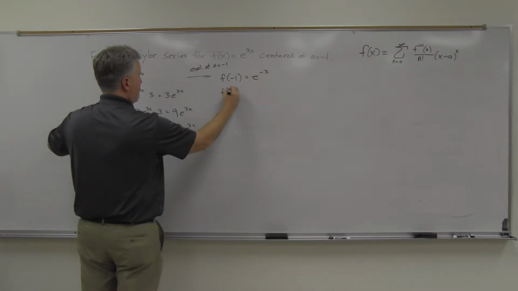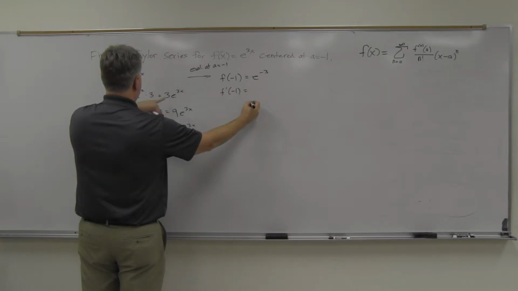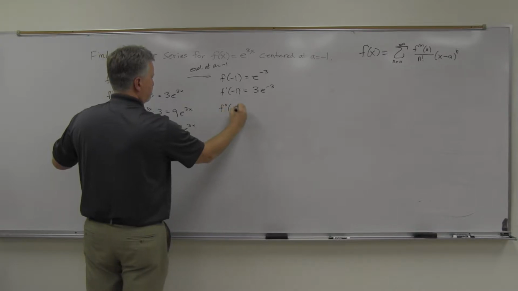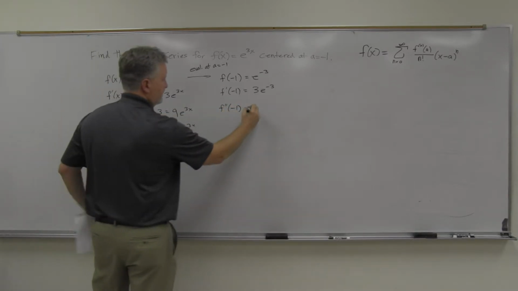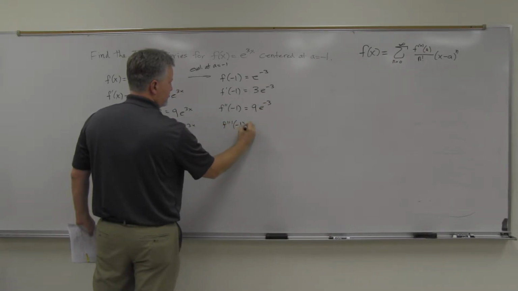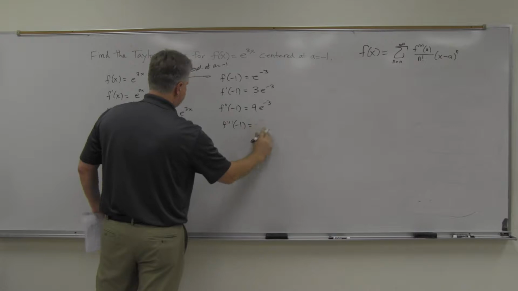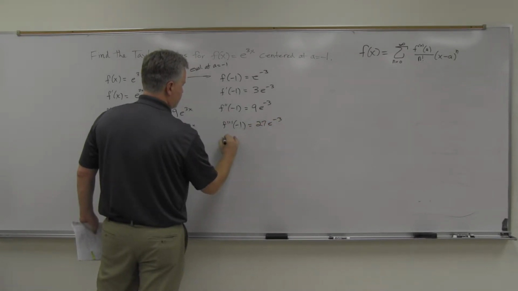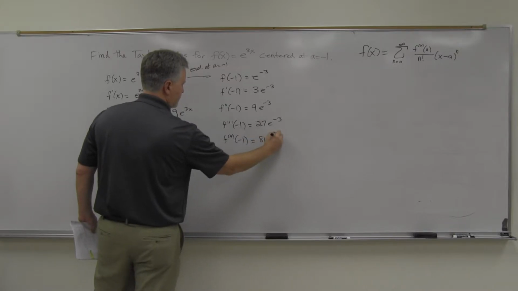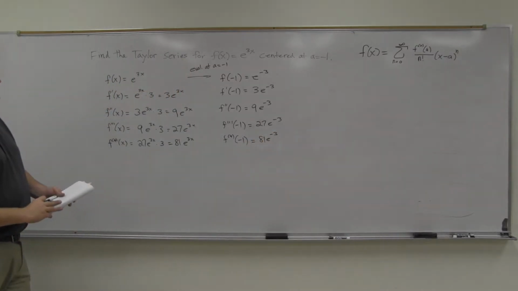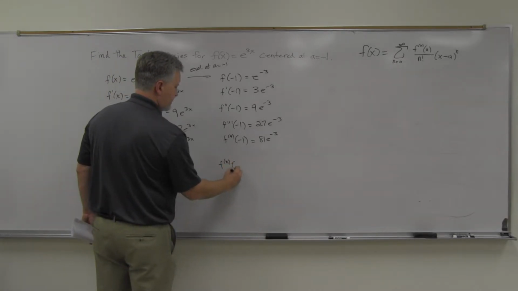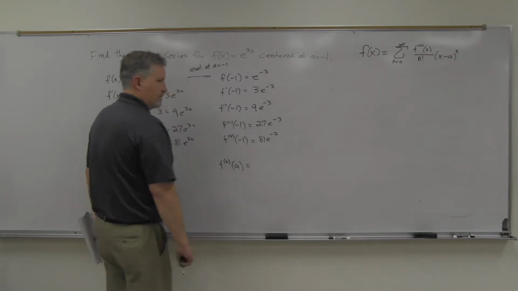Then f prime at -1 would be 3 e to the -3. The second derivative at -1 would be 9 e to the -3. The third, 27 e to the -3, and then the fourth derivative, 81 e to the -3.